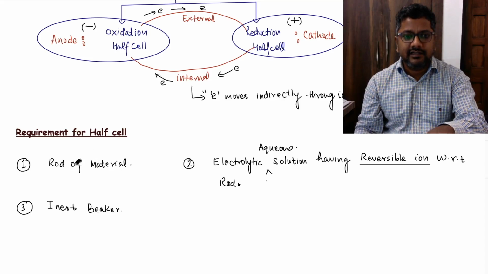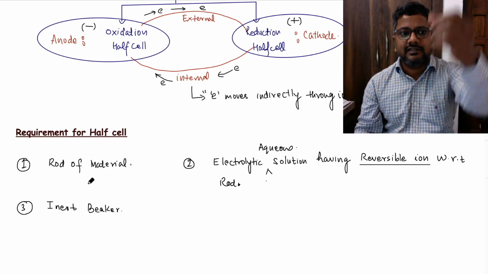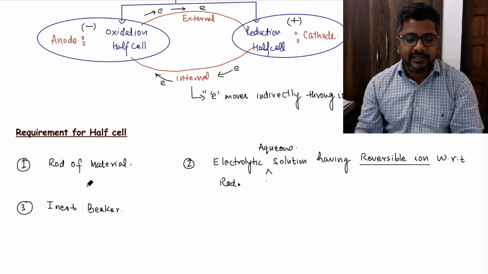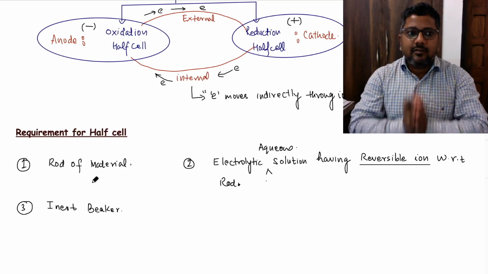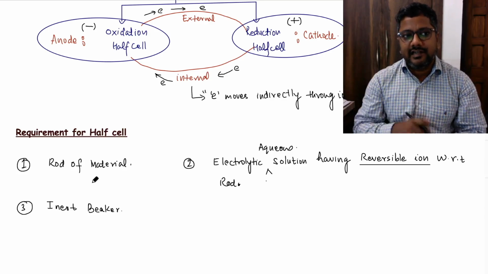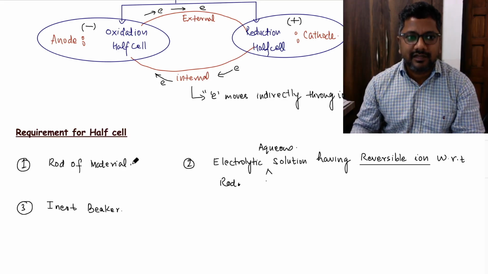It is not only a cylindrical shape of material that you are accepting. So if you are taking copper sulfate in a copper beaker, the copper may act as an electrode, because that copper will act as a rod of the material.